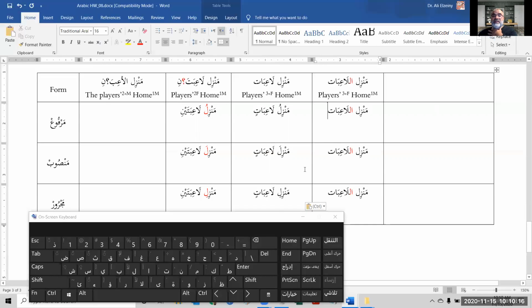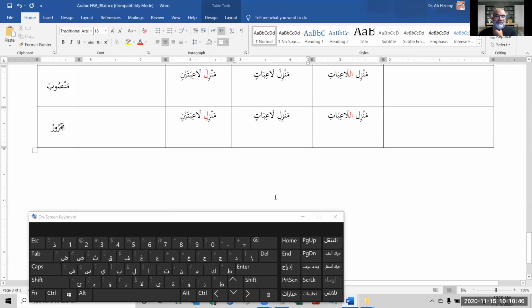Alif lam, then la'ibat has alif lam, then it'd be just the kasra. It's always majroor, it's always kasra. But if you have alif lam, you don't have tanween. But if you don't have alif lam, you can have tanween. That's the only difference between both.